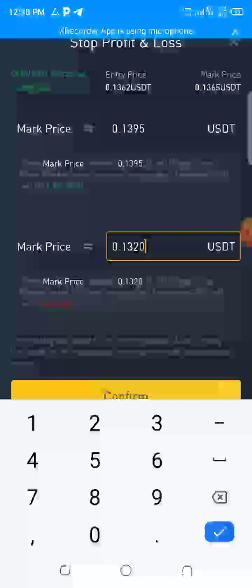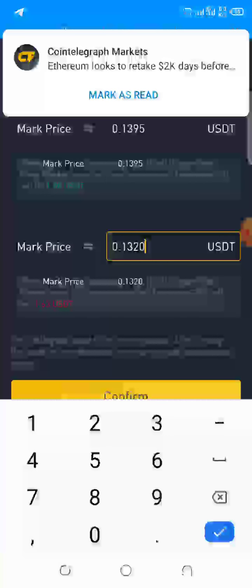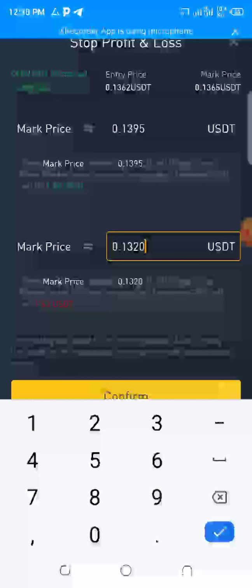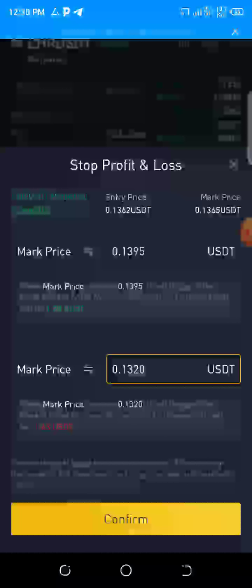Look at the statement down here. When mark price reaches 1320, it will trigger stop market order to close this position. Estimated PNL will be 1.63. Okay, can you see? So now if I should confirm this, look at what will happen.